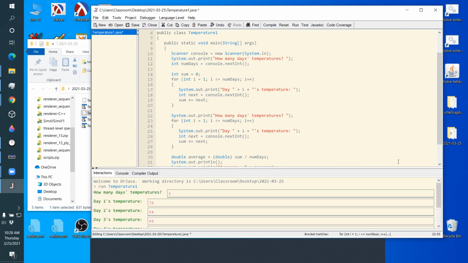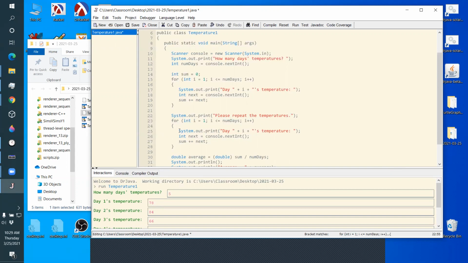Just repeat the numbers again. Please repeat the temperatures. Yeah, and ask them to repeat them again.